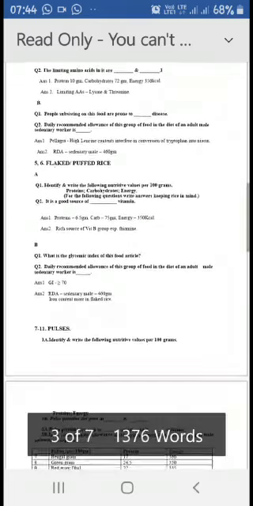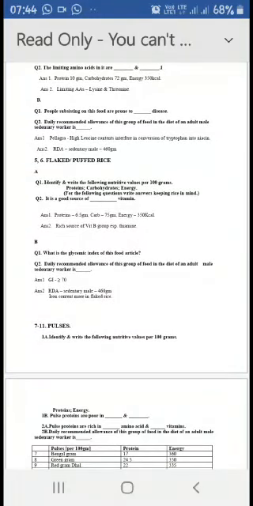Next, flaked or puffed rice. Identify and write the nutritive value, and which vitamin it is rich in. Protein is 6.5 gram, carbohydrate is 75 grams. Almost all the cereals are around 6 to 8 grams of protein except wheat at 12.